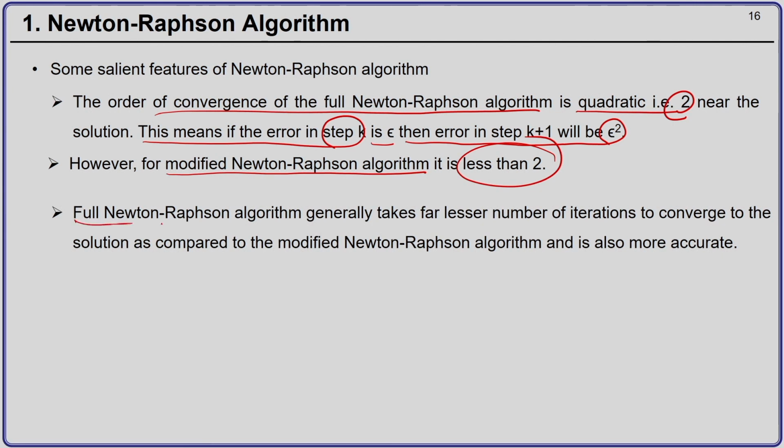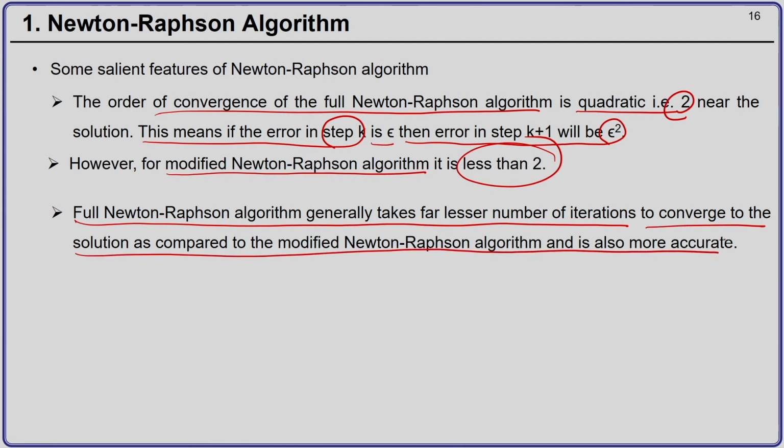Then full Newton-Raphson method generally takes far fewer iterations to converge to the solution as compared to the modified Newton-Raphson algorithm, and also full Newton-Raphson method is more accurate than the modified Newton-Raphson algorithm. Okay. So, in modified Newton-Raphson algorithm, what do we do? If you remember, we discussed this in our mathematical basics, that in modified Newton-Raphson method, the tangent k is kept constant.